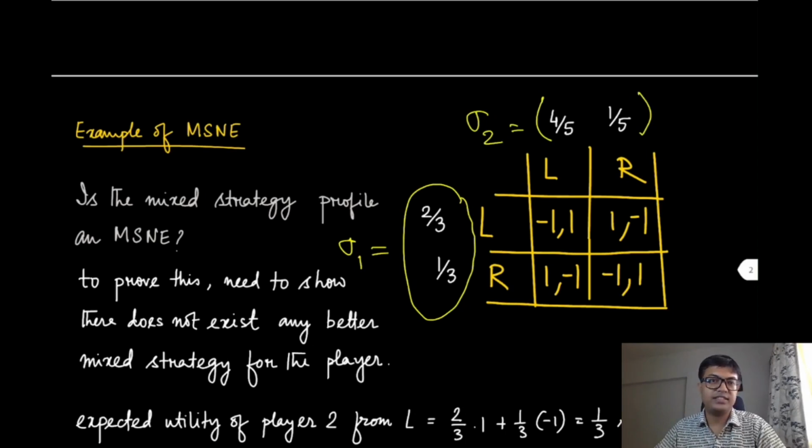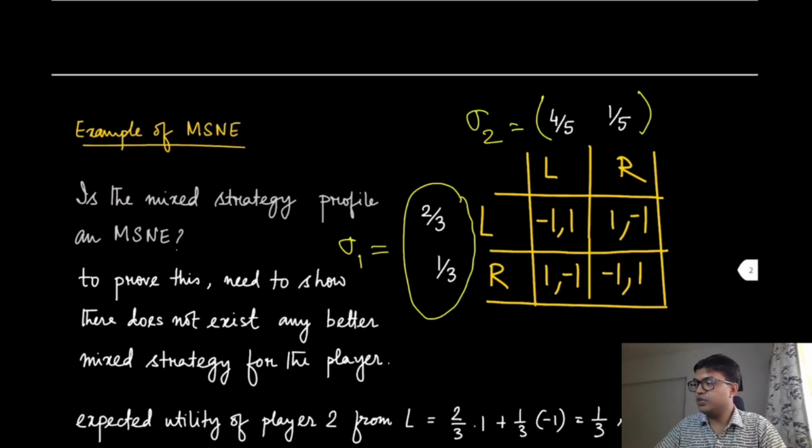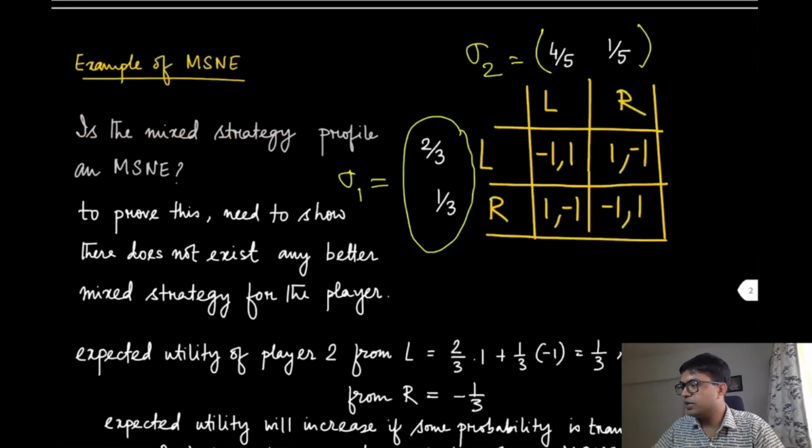If we say that this is a mixed strategy Nash equilibrium, we should be able to prove that. If it is not, then we should be able to provide a counterexample. So the first thing that we observe is that if you look at player 2 and the two different strategies it has, L and R, what is the expected utility of player 2?